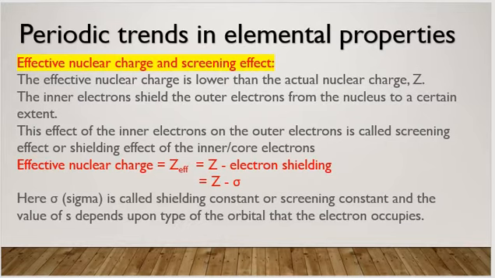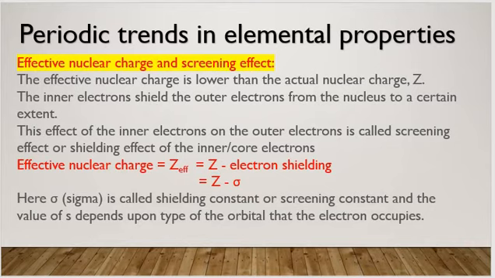These attractive and repulsive forces operate simultaneously in an atom. So this results in two interrelated phenomena called effective nuclear charge and screening effect or shielding effect. Now, what is effective nuclear charge and screening effect?